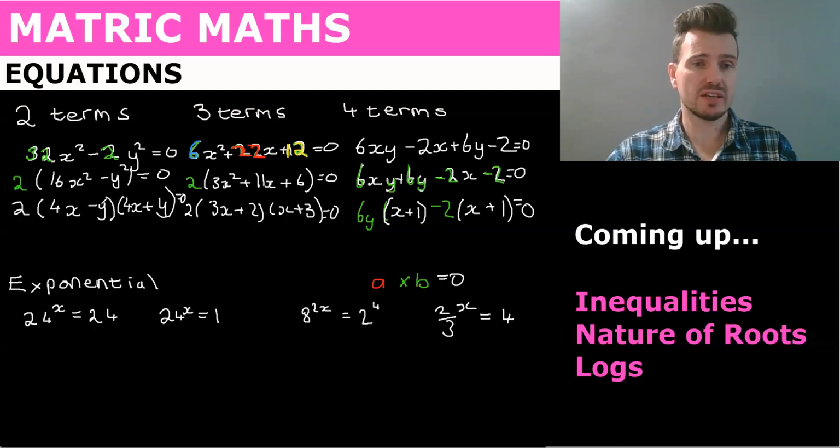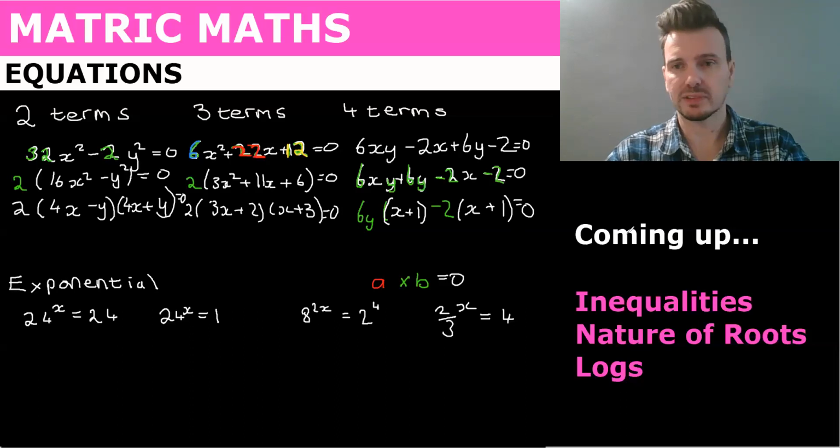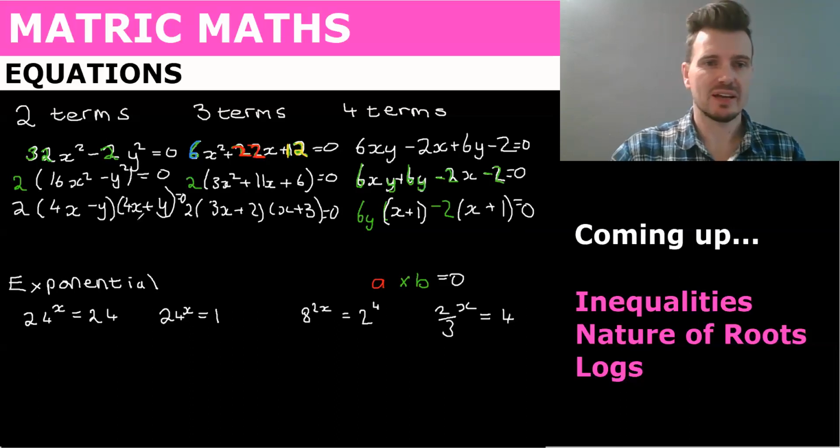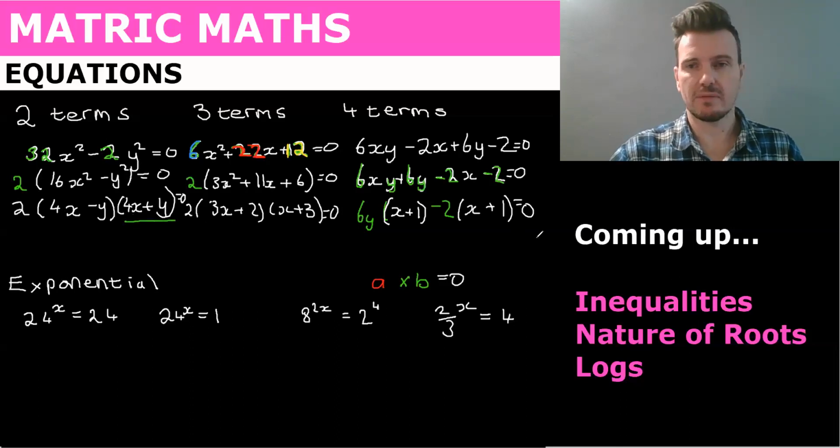So we could say that for this, these are like our A and B. This could be our B, and this could be our A, and it's going to be true.